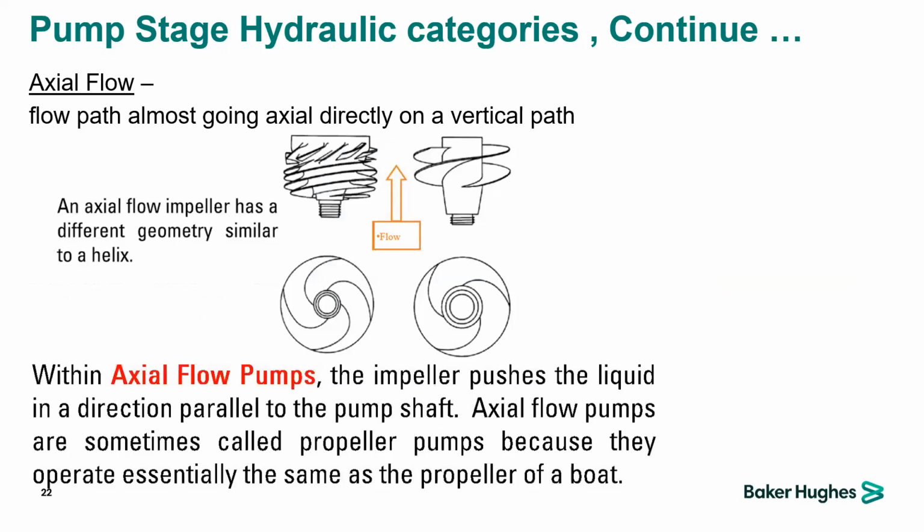With that, we already explained the three different types of pump stages in terms of hydraulic design: radial, axial, mixed, the difference between each of those three categories, when you need to select the radial, when you need to select the mixed, and when you need to use the axial. And that almost covers the difference between those three categories in terms of stage hydraulic design.